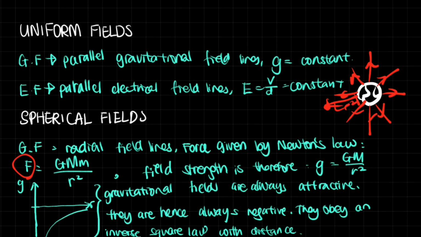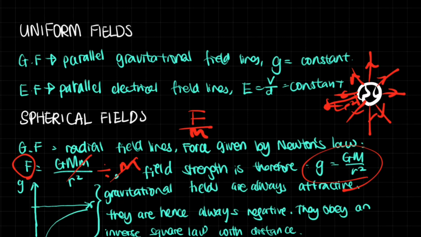Field strength g is therefore GM divided by r squared, because field strength is the force per mass. If we divide by mass, the small m cancels out, which gives us that. Now, the gravitational field lines are always attractive, and this is why we see this sort of graph.